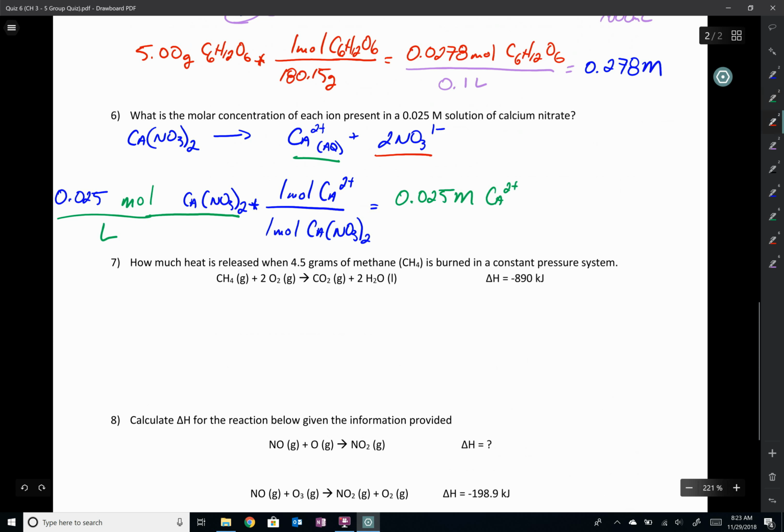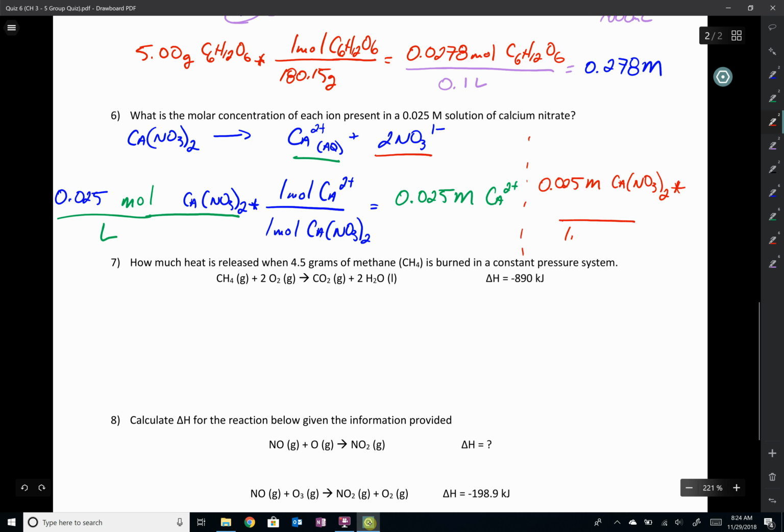And we're going to do the exact same thing for nitrate. So we have 0.025 molar calcium nitrate. Looks like I'm going to run out of room, unfortunately, so pardon the lack of space here.